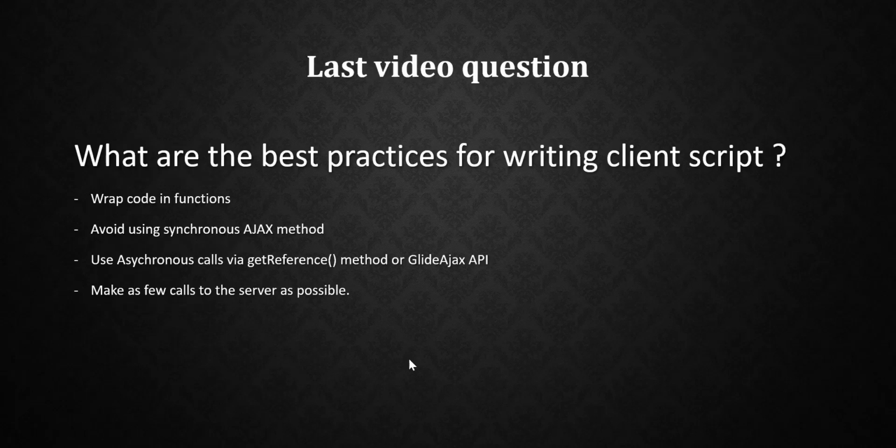Now, in the last video I asked the question, what are the best practices for writing client scripts? I have listed some of them, though many more exist. First, wrap code in functions. Even if it's a simple code, we try to wrap it in functions.